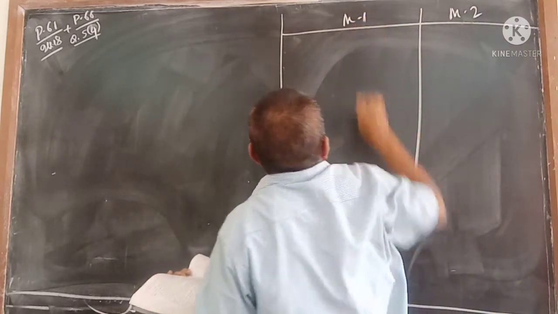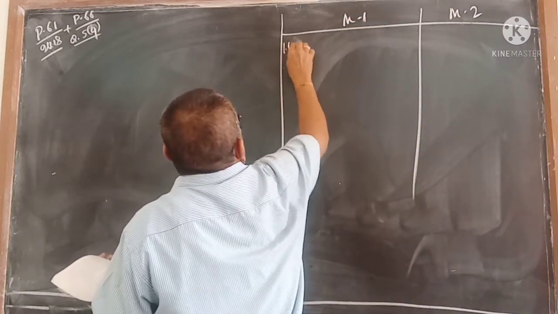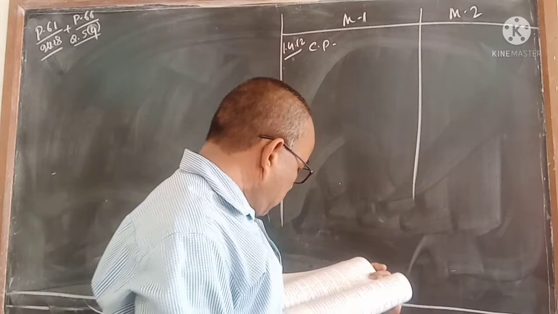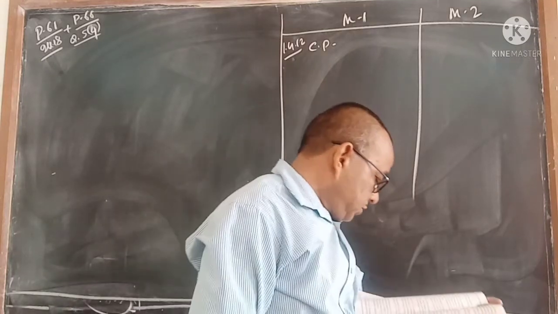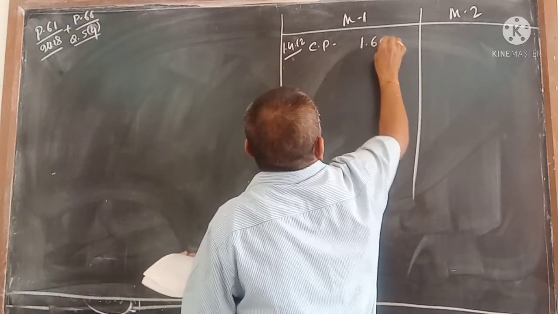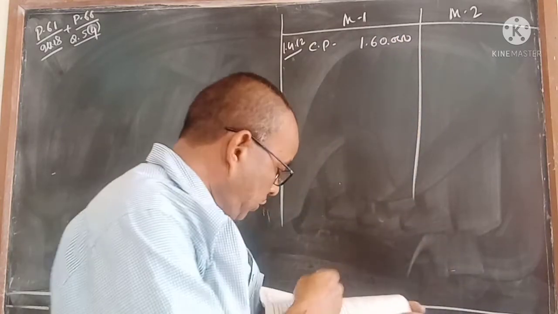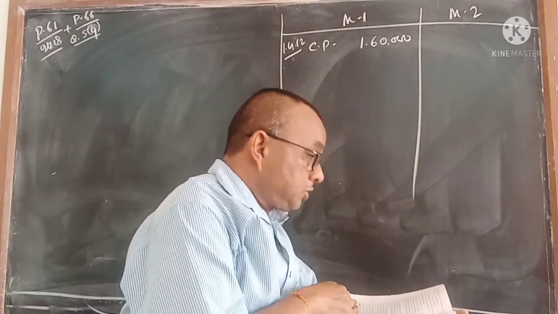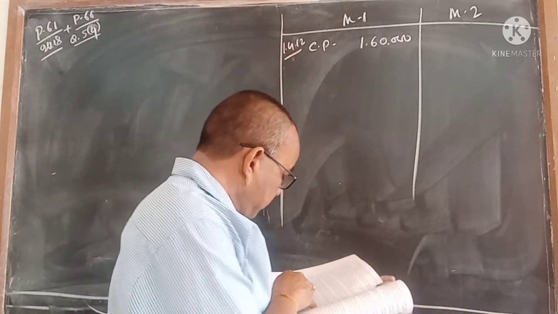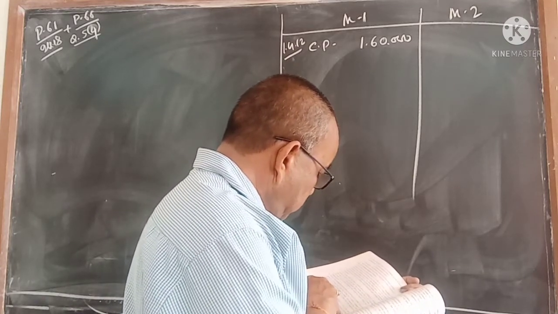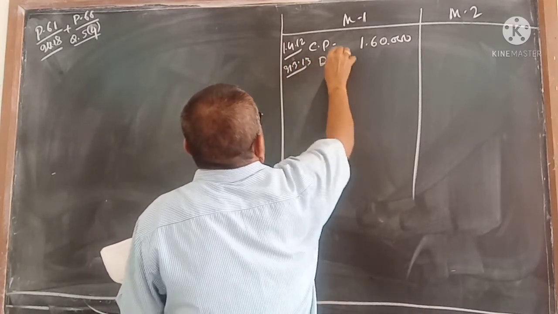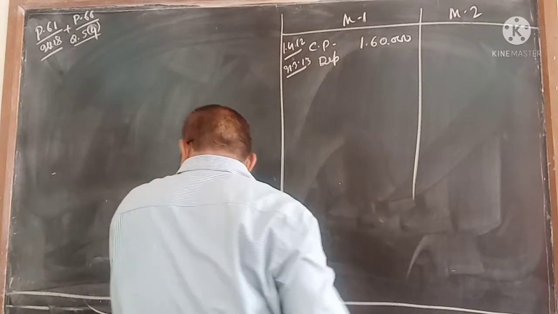When did you purchase? 1/4/12. How much was the CP? The CP was 1,24,000 plus 16,000 plus 20,000 repairing expense, which is 1,60,000. Do you understand that? Then on 31/3/13, depreciation at 10%.